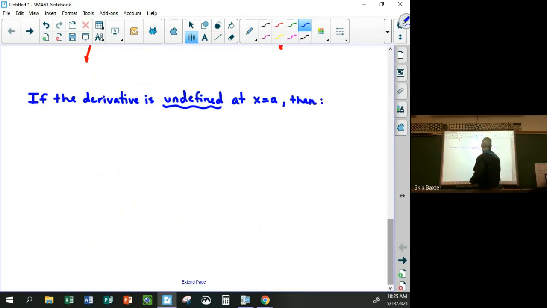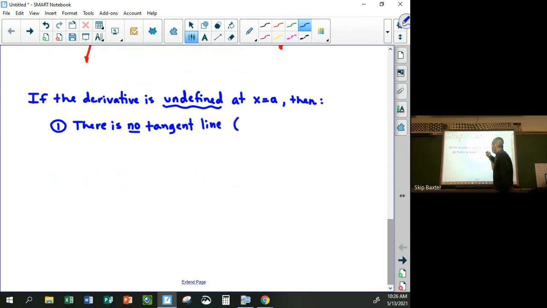So the first possibility is there is no tangent line, or it's not unique. Okay, there's no tangent line or it's not unique.